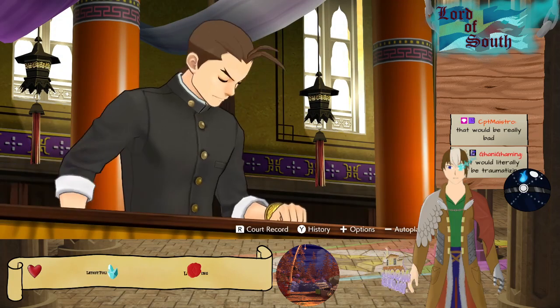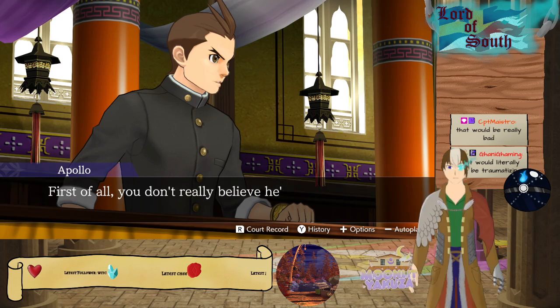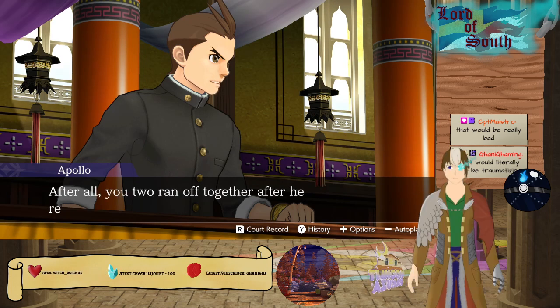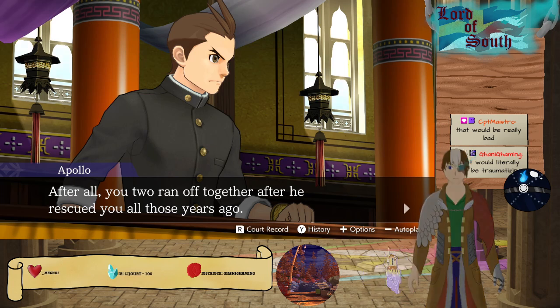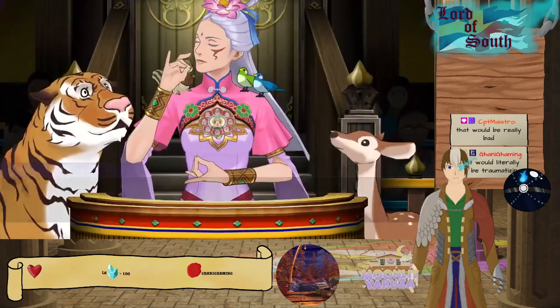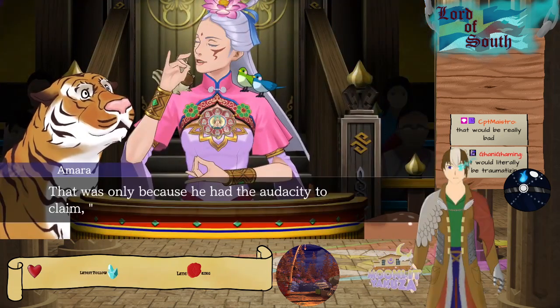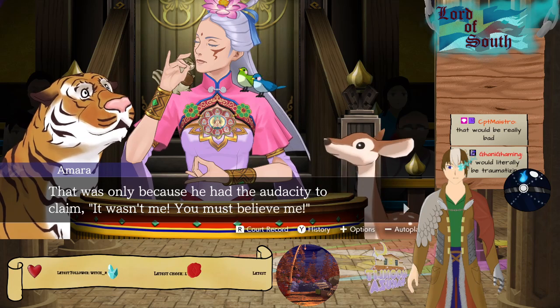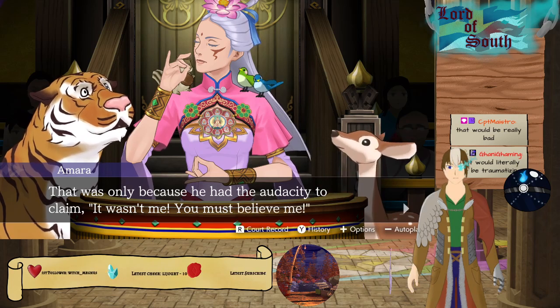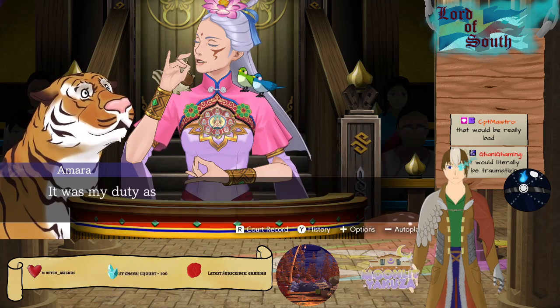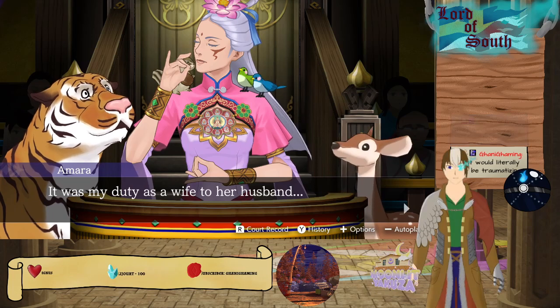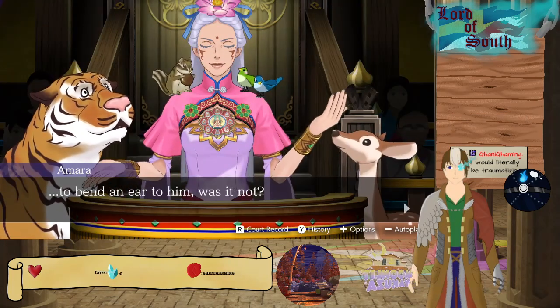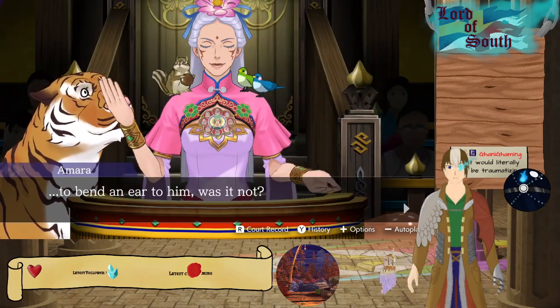Your Mercifulness. First of all, you don't really believe he's trying to kill you, do you? After all, you two ran off together after he rescued you all those years ago. That was only because he had the audacity to claim it wasn't me. You must believe me. It was my duty as a wife to bend an ear to her husband, was it not?